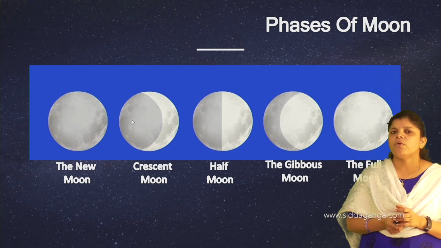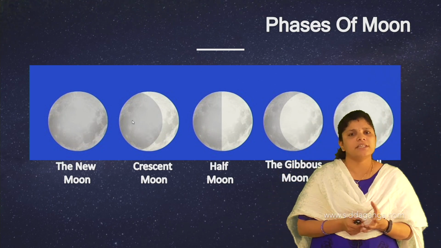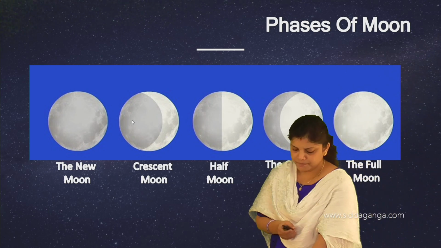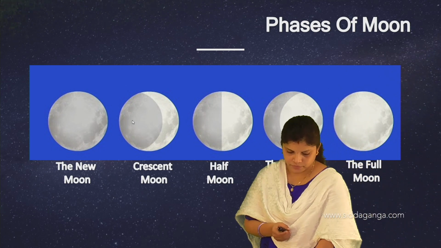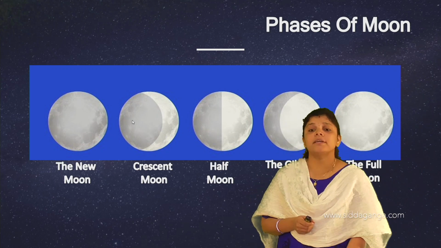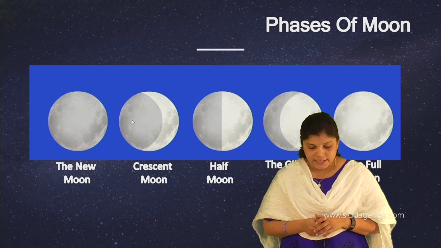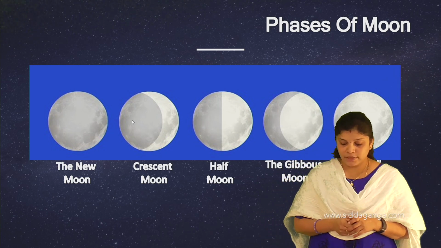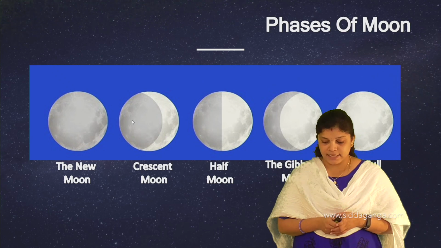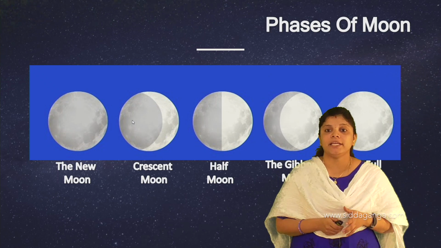Do you know why the moon looks in different shapes on different nights? Why? Because see, the sunlight falls on different parts of the moon. See, on different nights we can see only those parts of the moon that get the sunlight. Hence, the moon appears to change its shape every night.